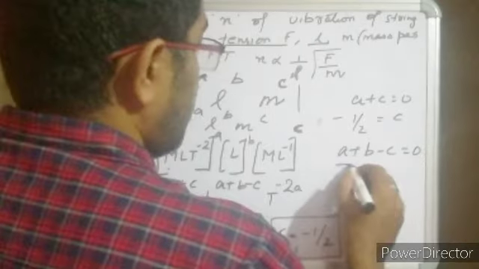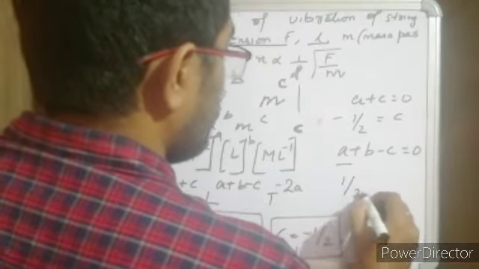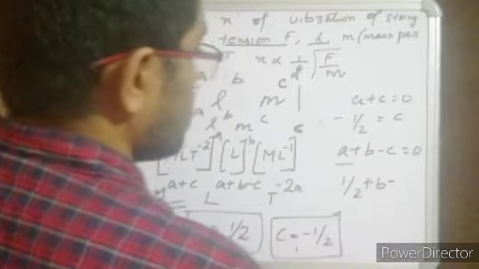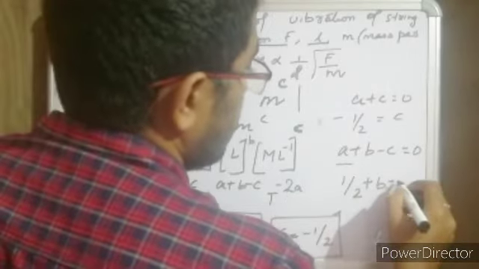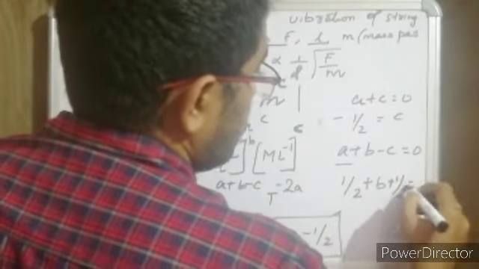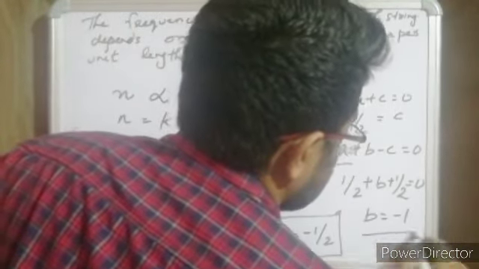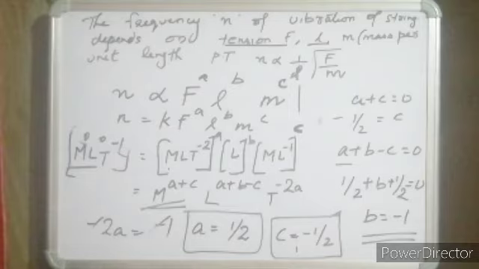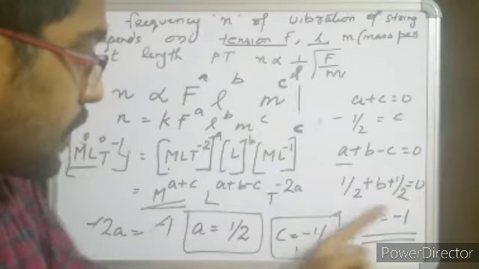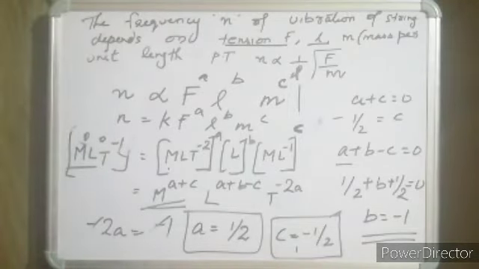A is 1 by 2 plus B minus C, which is minus minus plus 1 by 2, equal to 0. So B is equal to minus 1. So you got A as 1 by 2, B as minus 1 and C as minus 1 by 2.